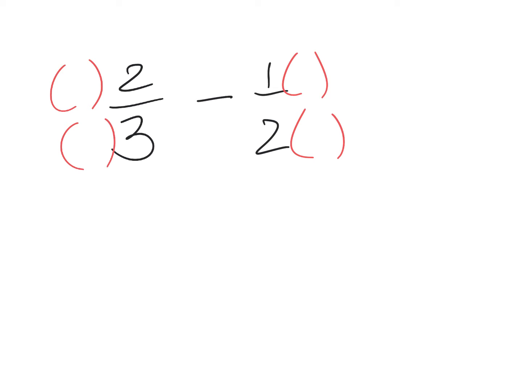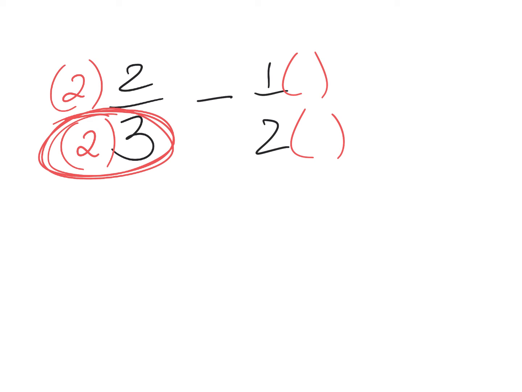Noah, what's a good common denominator? 6 is correct. So Noah, left side, what should I multiply by? Okay, so I should multiply by 2/2. Do you get what I mean there? This will make this into sixths.